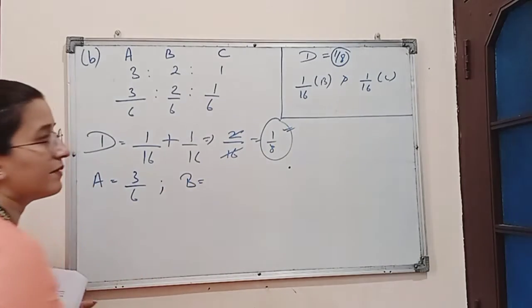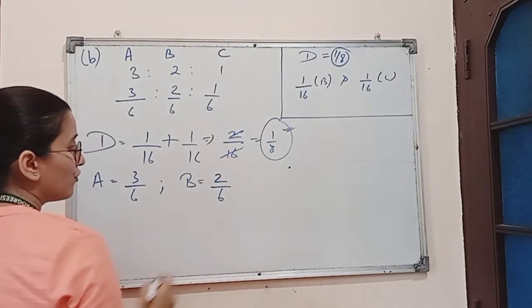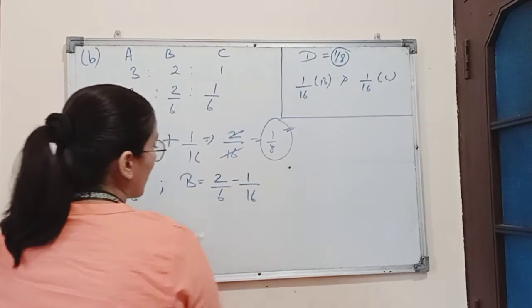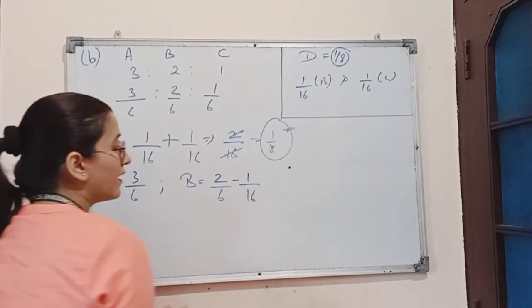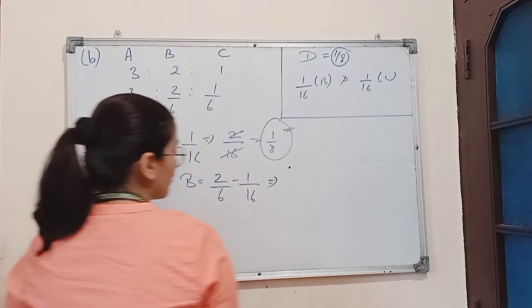If we talk about B's share, so B's old share was 2 by 6, out of which he has surrendered 1 by 16 to new partner D. Now LCM of 6 and 16 is 48.